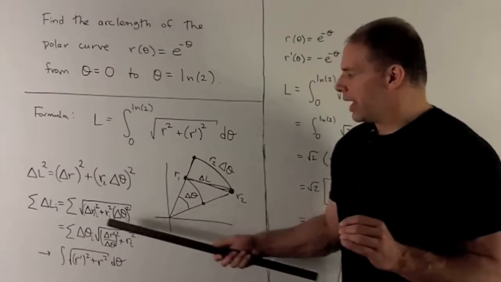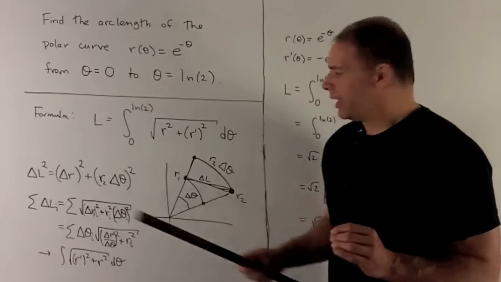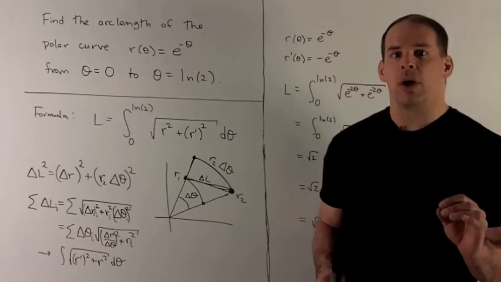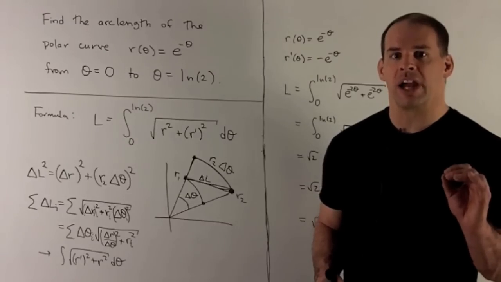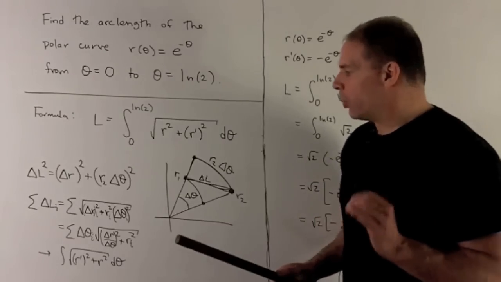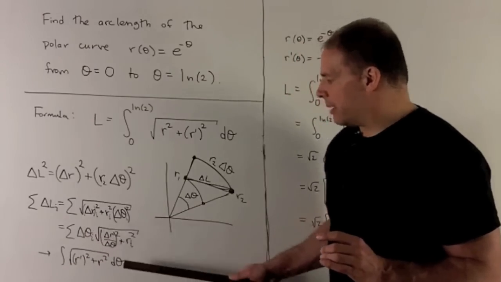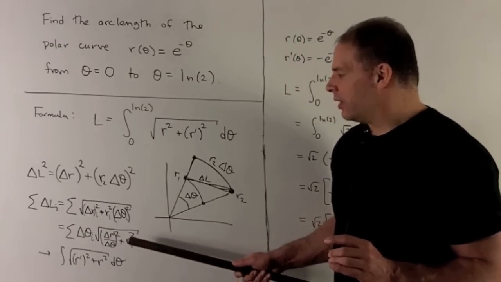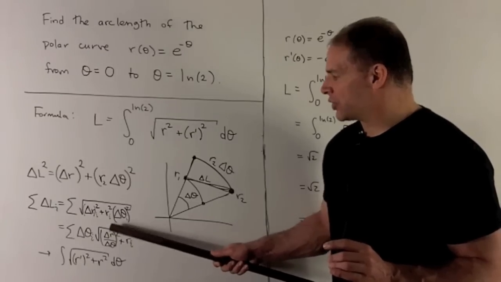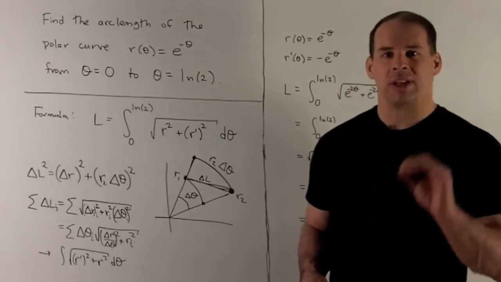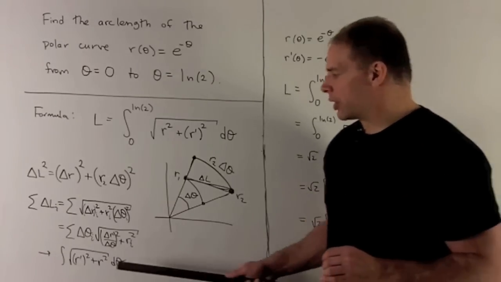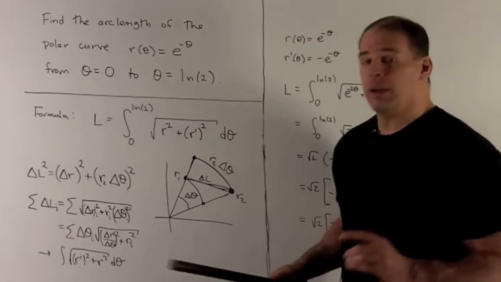So as we take the limit, which is our limit process for integration, the sum becomes an integral, delta theta i becomes d theta, and for r i and delta r over delta theta i, we're allowed to drop the i's. I'm left with our formula for arc length.